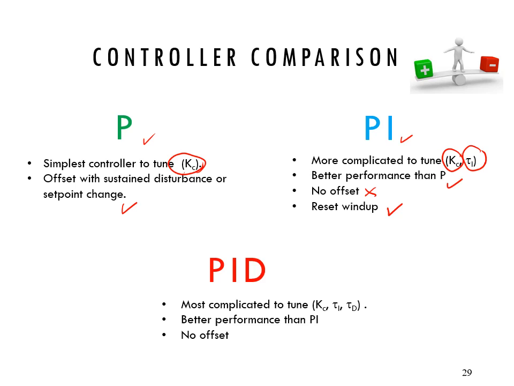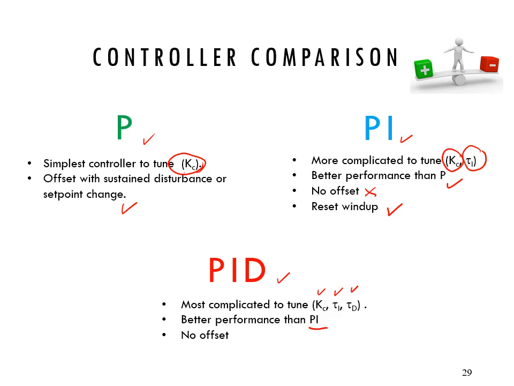The final type of controller is the PID controller. Among these three types of controller, this is the most complicated because it has three terms and we need to tune all those three terms, which are Kc, tau I, and also tau D. However, it has better performance than the PI controller.